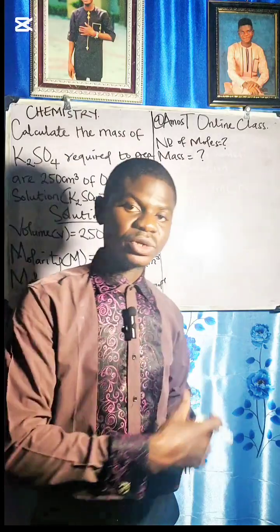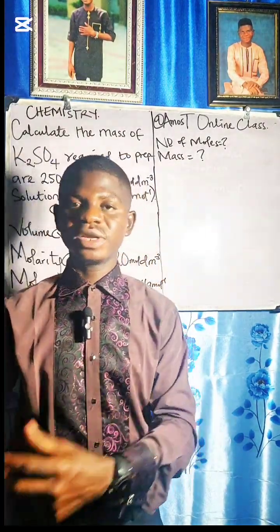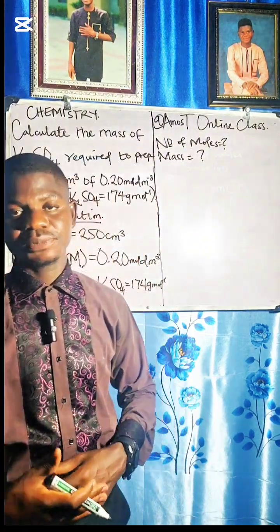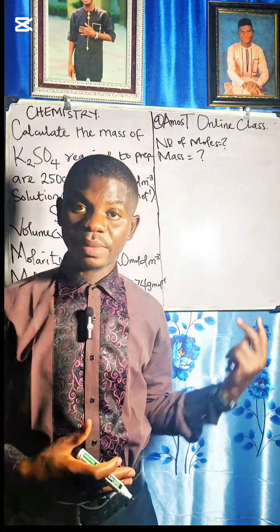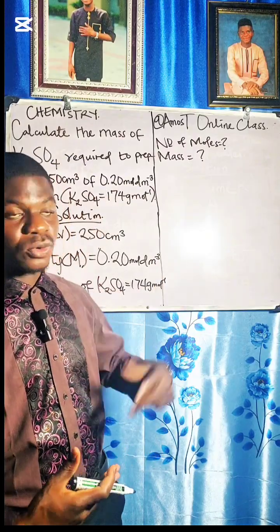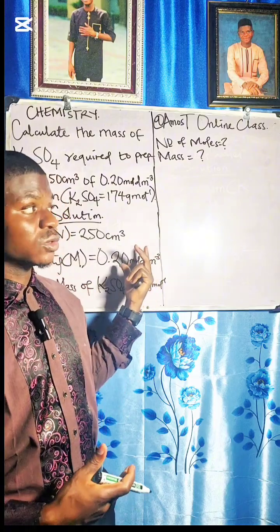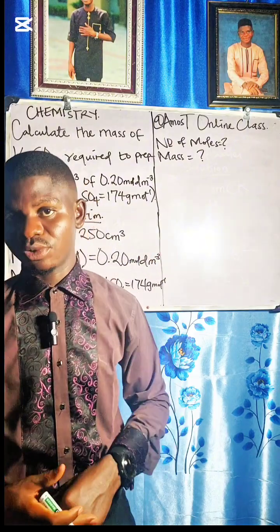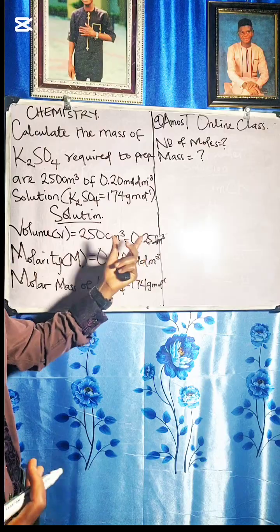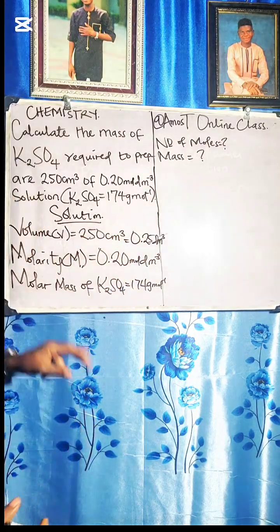So 250 cubic cm will be equivalent to 250 divided by 1000. Once we divide it, we have 0.25 cubic dm as the equivalent volume of this solution. So we're done with that.